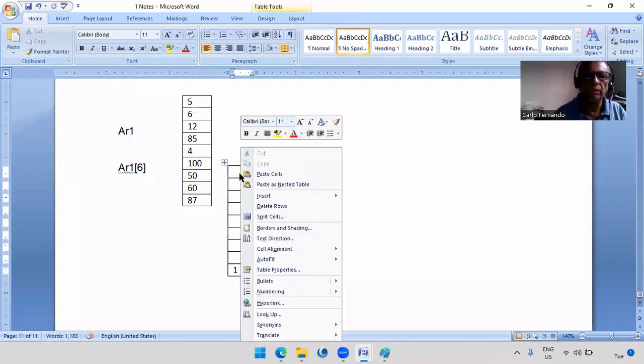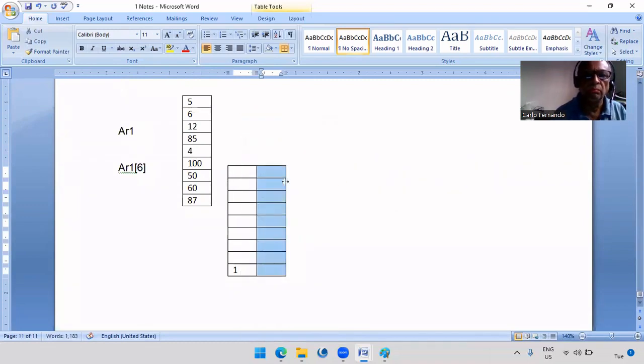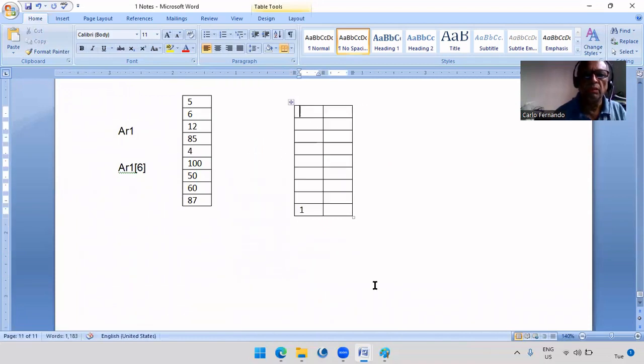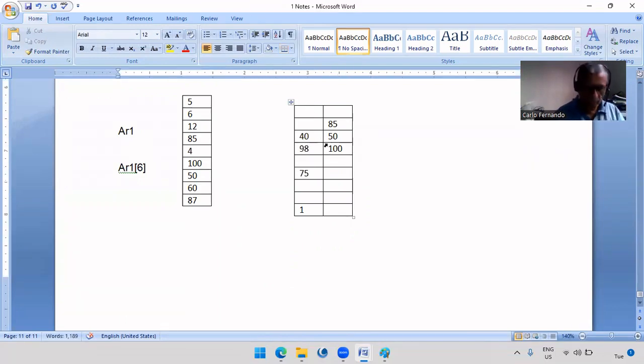But if you have a two-dimensional array, say 100 here, 50, 85, and here 40, 98. If you want to refer to this 100, this is AR2.